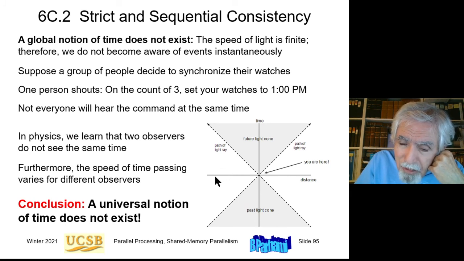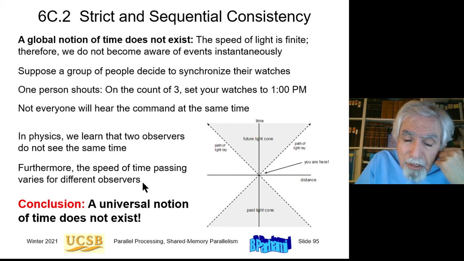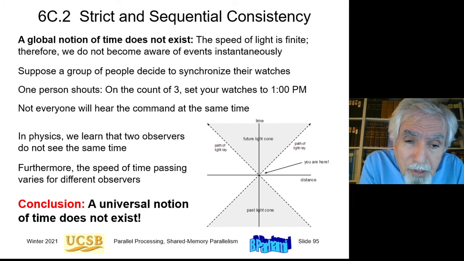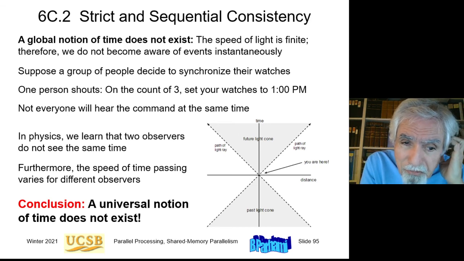Everything outside is not. Okay? Furthermore, the speed of time passing varies with different observers. And this is basically from the theory of relativity. So the conclusion is that a universal notion of time does not exist in physics.